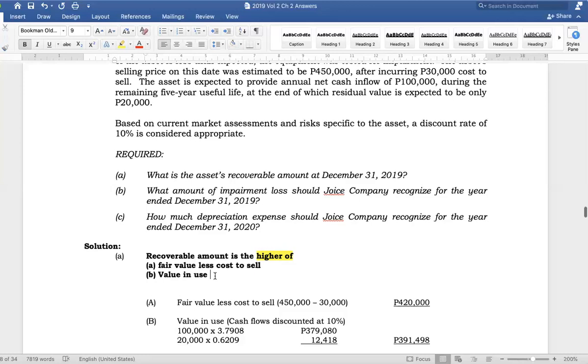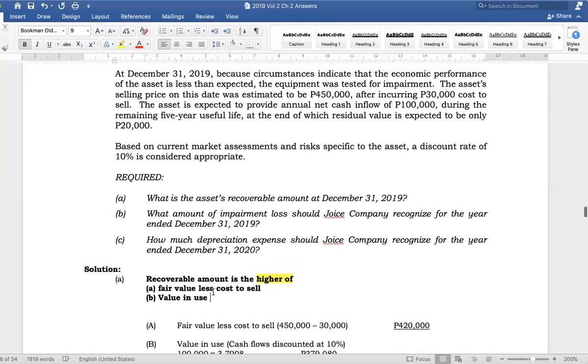So this is the revenue from the products that may be produced by the asset minus the operating cost to produce that revenue. Value in use is a discounted cash flow, so we are to make use of an interest rate.